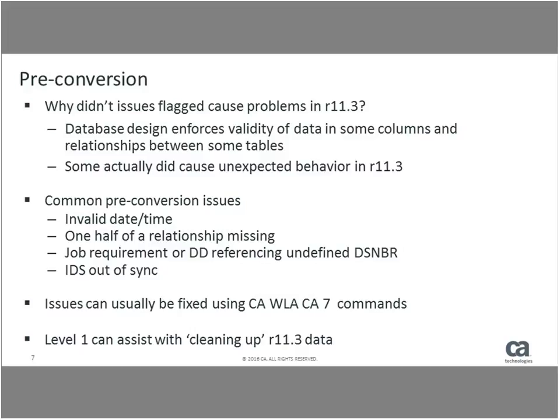Some very strange things that I've seen since I've been going through this. I didn't realize how many problems we had in our database that were masked by 11.3. These issues can usually be fixed by using CA7 commands, and I'll talk about that in a minute.